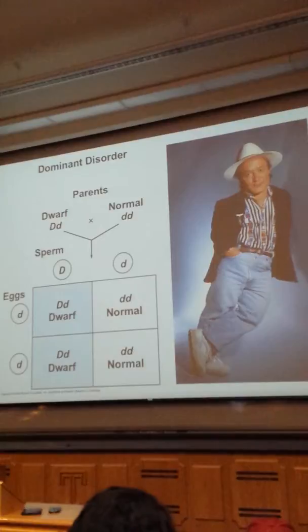So that would result in what's called a spontaneous abortion or a miscarriage. 60% of all fertilizations end up with spontaneous abortion or miscarriage. 60%. That's huge. And that's one of the reasons why.